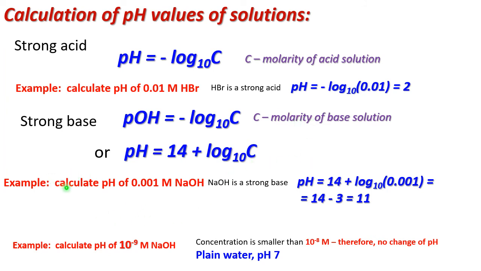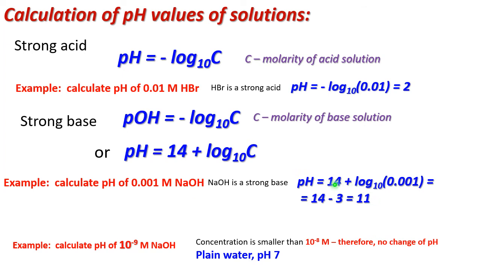So let's calculate pH of 0.001 molar sodium hydroxide. Sodium hydroxide is a strong base, so this concentration is essentially the concentration of hydroxide ion.